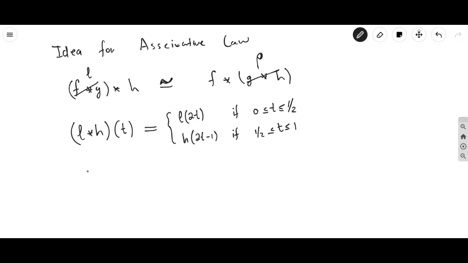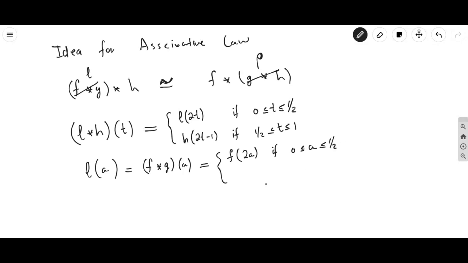But now you have to figure out what L is. So maybe instead of using the letter t, let's use a different letter. Let's call it a. So L at a is f juxtapose g at a. That would be equal to f of 2a if a is between 0 and a half, and g of 2a minus 1 if a is between 1/2 and 1.